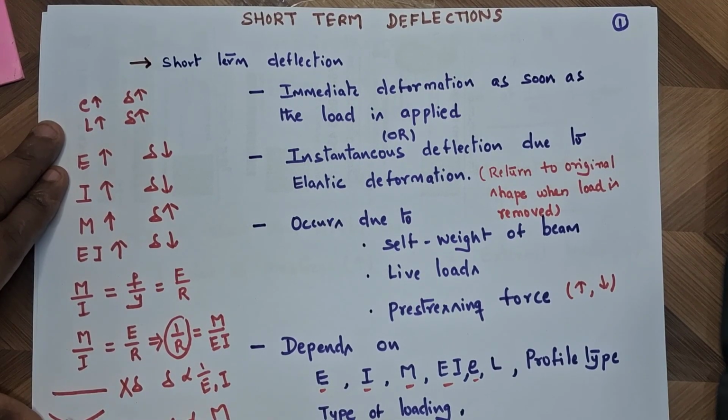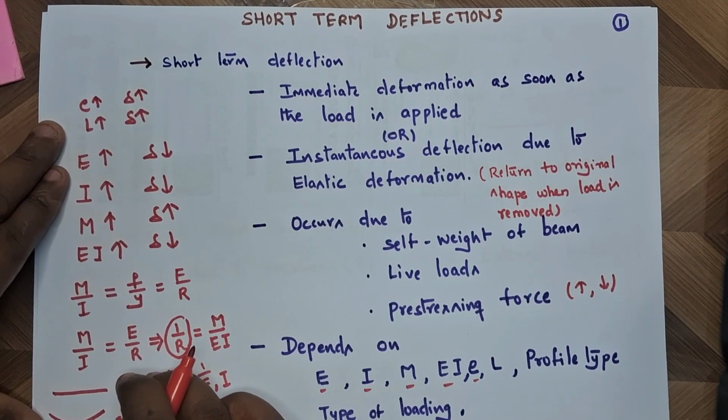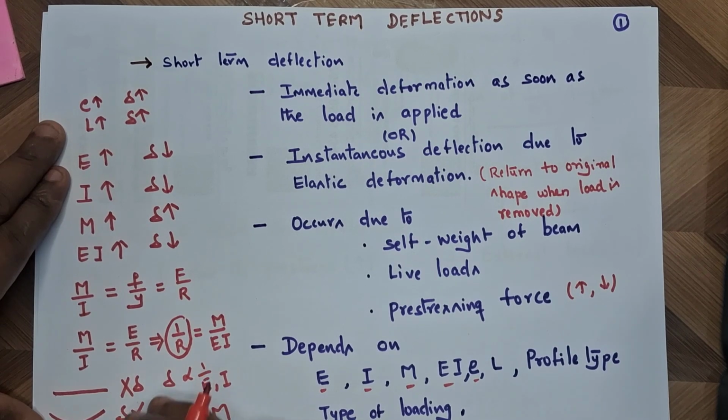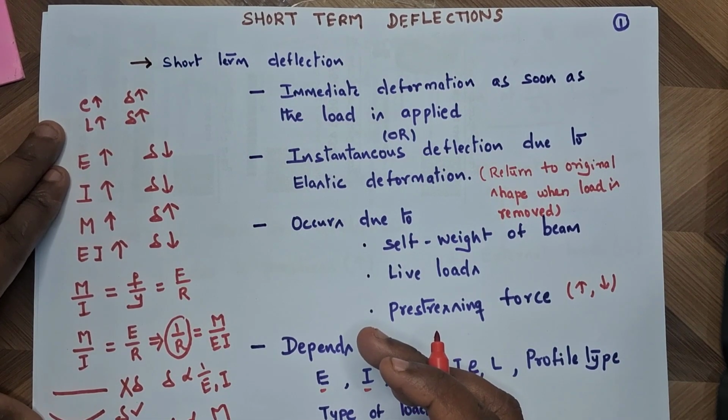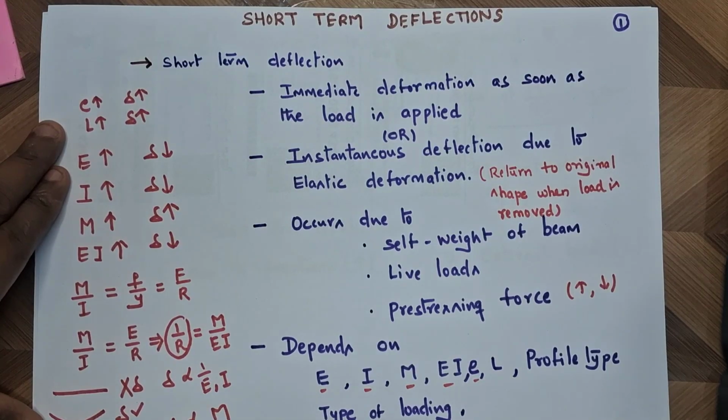Means you may observe some camber. That's why the profile of the tendon will also affect the direction and magnitude of the deflection.